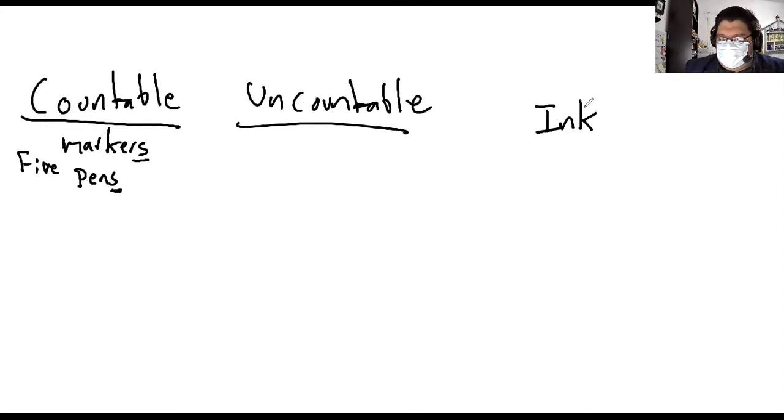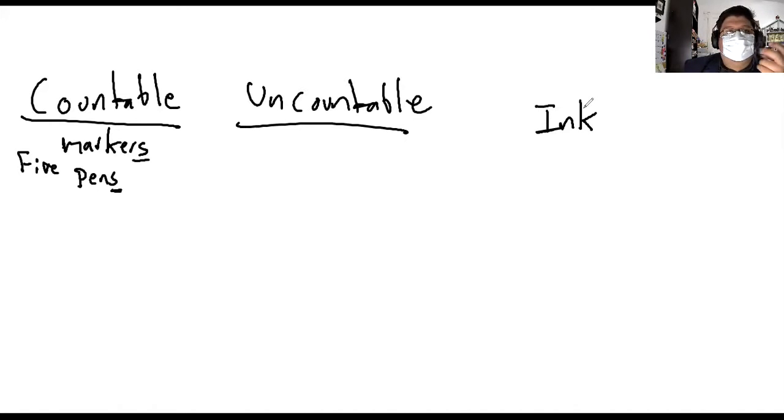That's why it's important that you guys don't take it very literal. Never take it literal, actually. Because what it means is: is the word countable, not the object? Because here, yeah, you can count it, 1, 2, and 3. But the word itself is uncountable.